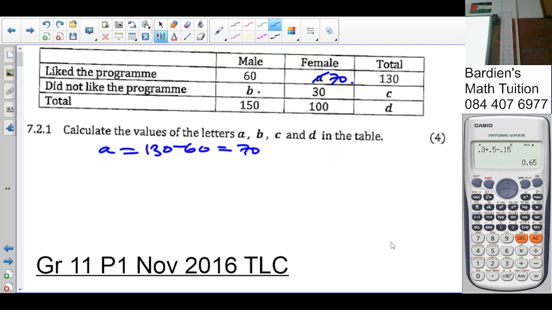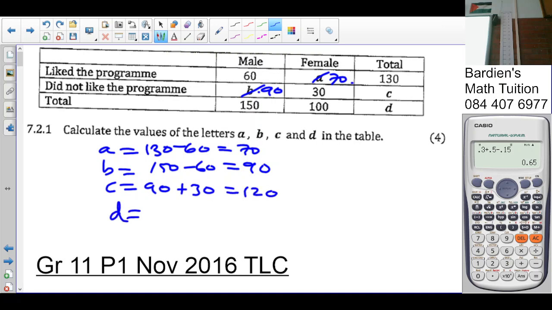B: 60 plus B is 150, so it's 150 minus 60, which is 90. C: 90 plus 30 is 120. And D is going to be 150 plus 100. People, did I have to show all of that? No. You just write A is 70, B is 90 and so on. Alright.